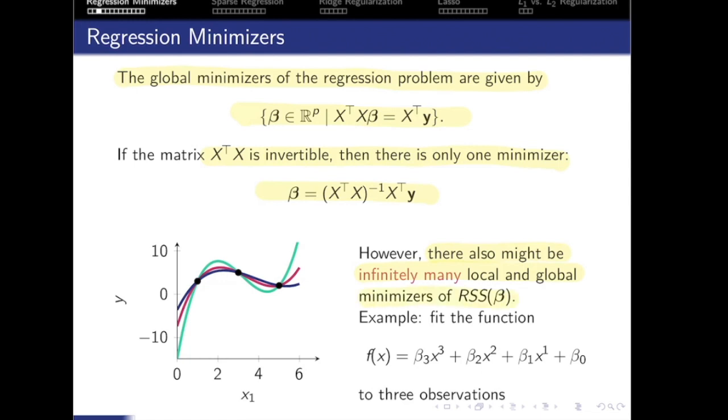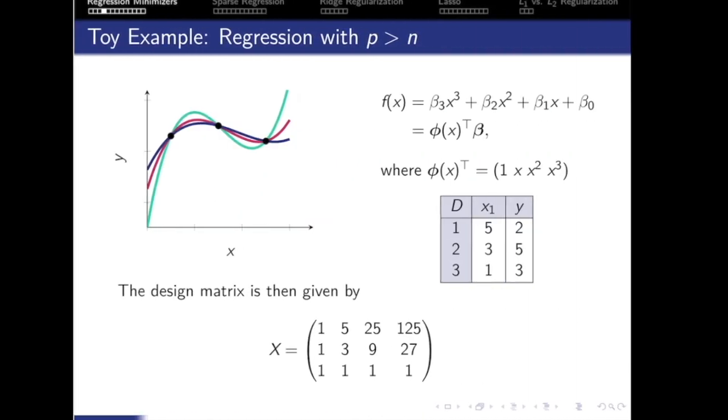One of the examples was to fit a polynomial function of degree 3 to 3 observations. So we had our function f of x, which is a polynomial of degree 3.